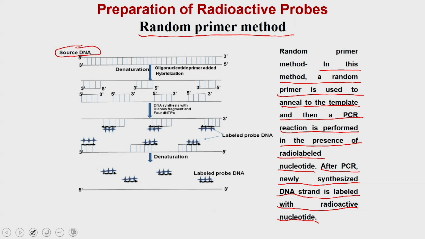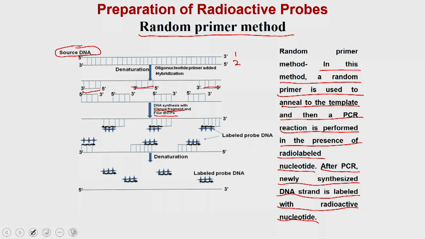So, first you take the source DNA from which you would like to make the probe. Then you do the denaturation, which means you separate strand 1 and strand 2, and then you allow your random primer to be added. The random primer attaches at multiple places, and then you add the Klenow fragment and all the nucleotides, including the radioactive nucleotide in the mixture.